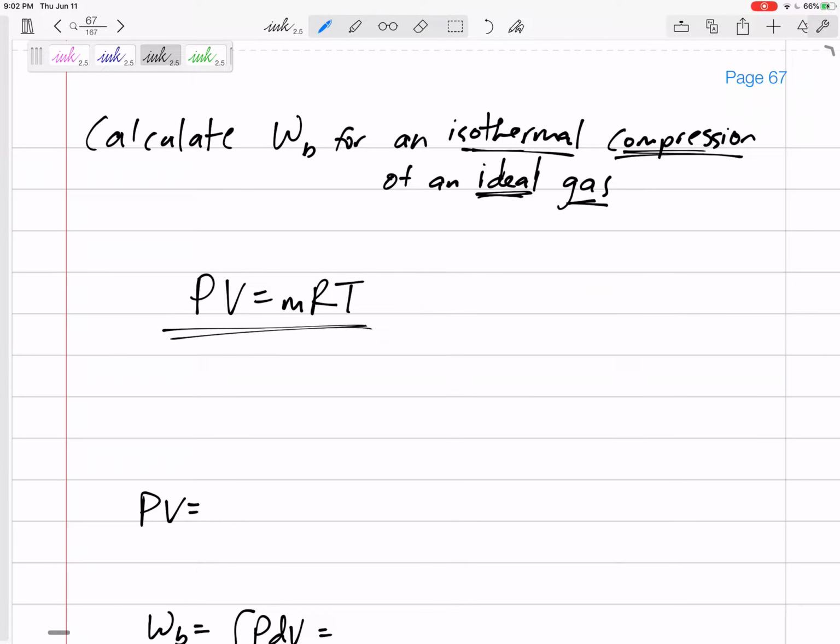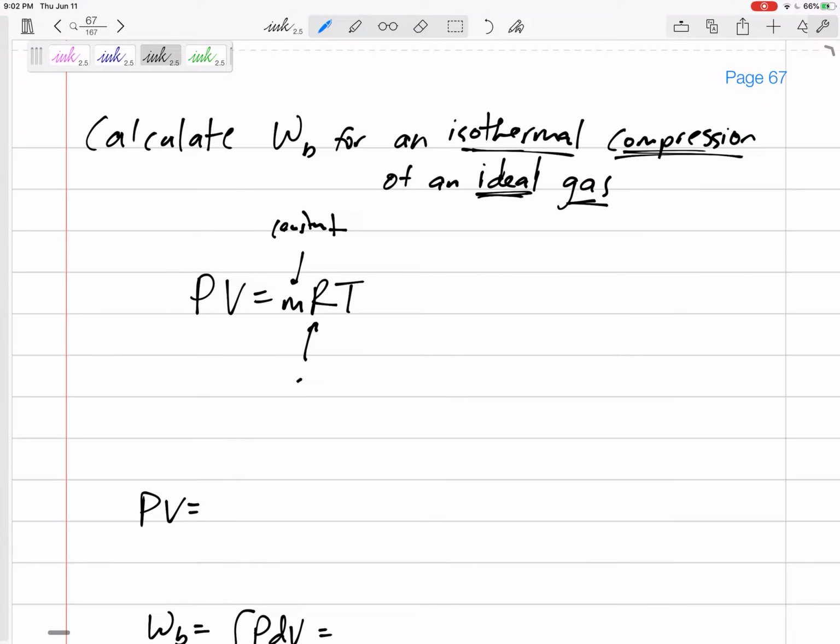then let's think about this. This is our ideal gas equation, PV equals mRT. Chapter 4 is closed systems, so if it's a closed system, then the mass is constant, as long as it's air and not mixing with any other gases.